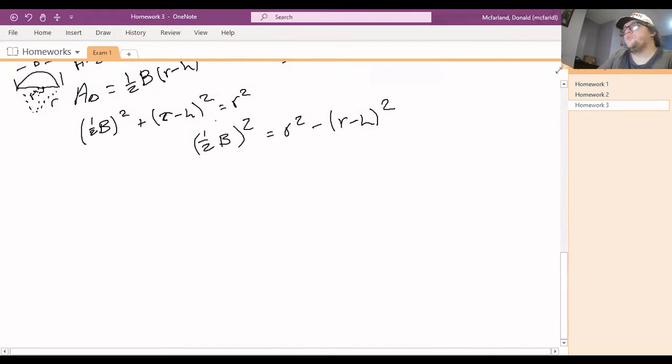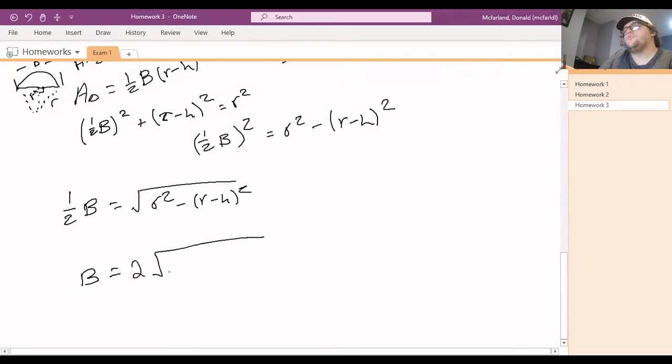Then we're going to square root both sides, so we're left with 1/2 b equal to the square root of r squared minus r minus h squared. Take the 2 over, and we have our value for the base of the triangle. It's just 2 times the square root of r squared minus r minus h squared.